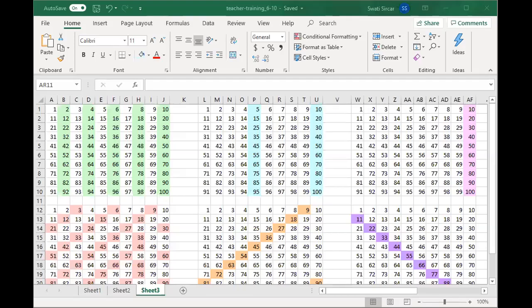Share screen again. Okay. So the question is, why do we have vertical lines for 2, 5, and 10?